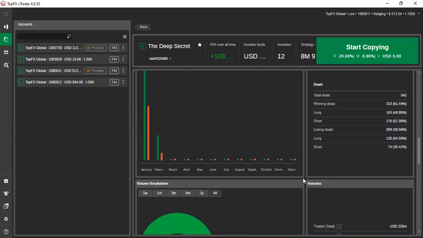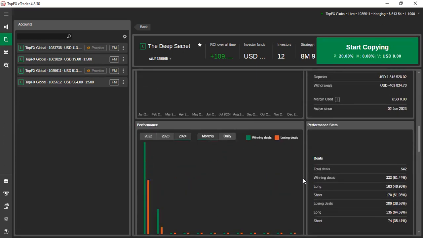So the deal stands for the number of trades. This person has opened 542 trades, the winning deals are 333, and the losing ones are 209. The long trades are 163. The short trades are 170.